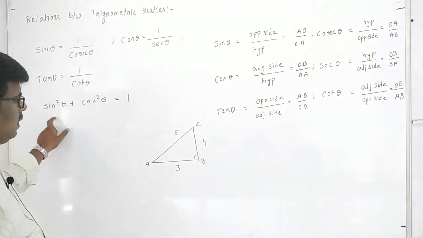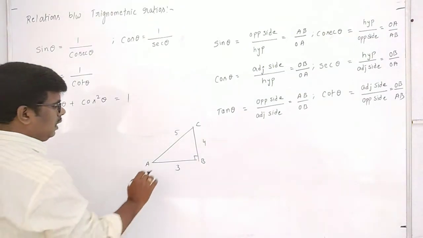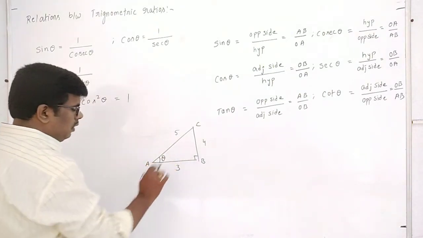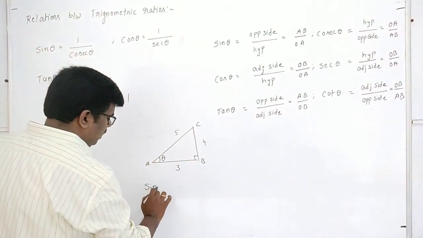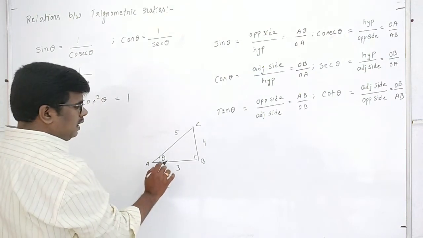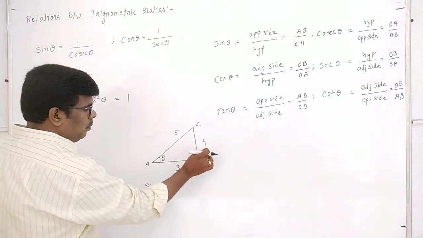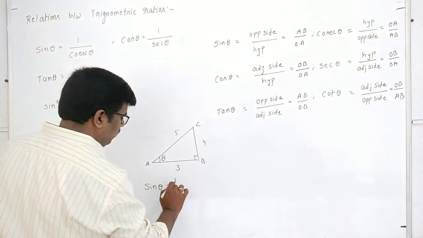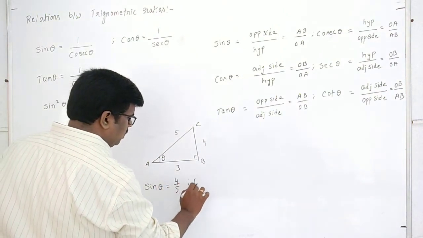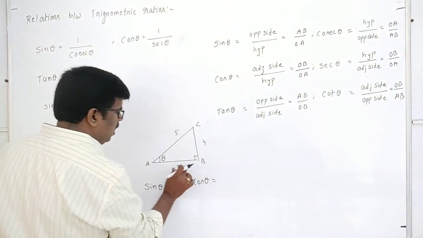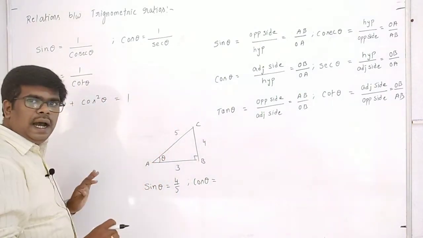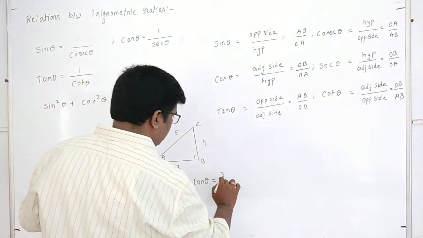Then sine square theta. If you take the angle theta here, what about sine theta? Sine theta is opposite side by hypotenuse, that is 4 by 5. And cos theta is adjacent side by hypotenuse, that is 3 by 5.